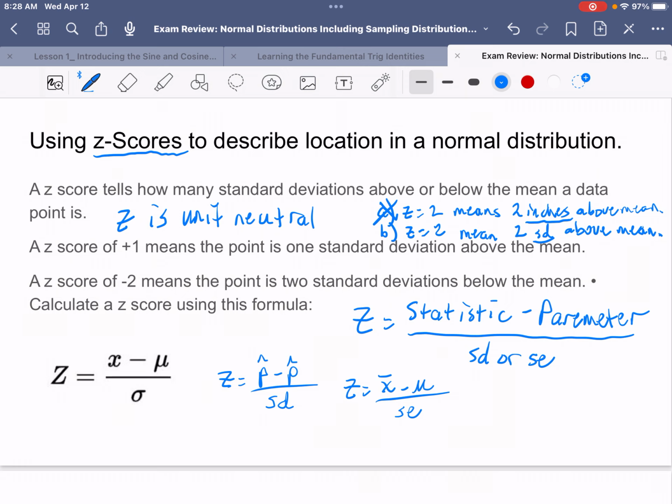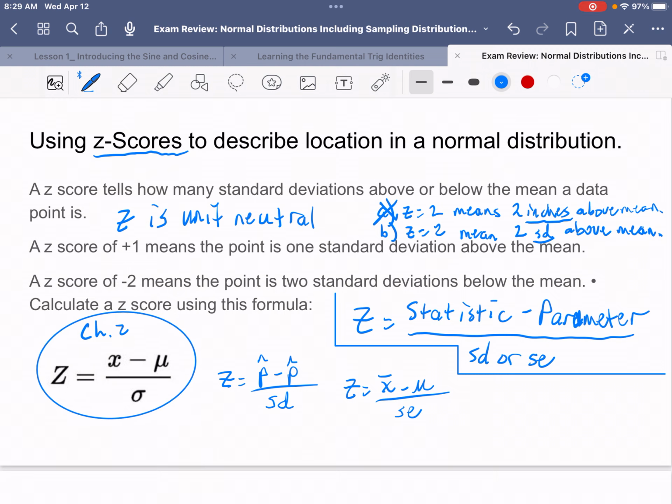Now, how do you calculate a z-score? Well, if you check out the AP formula sheet, you'll see that they have this generalized formula at the top of the second page. It says a z-score is equal to the statistic minus the parameter divided by the standard deviation or the standard error. Yeah, that's a good formula. When you were in Chapter 2, we said that z was equal to x minus mu divided by sigma. So that's score minus mean divided by standard deviation.